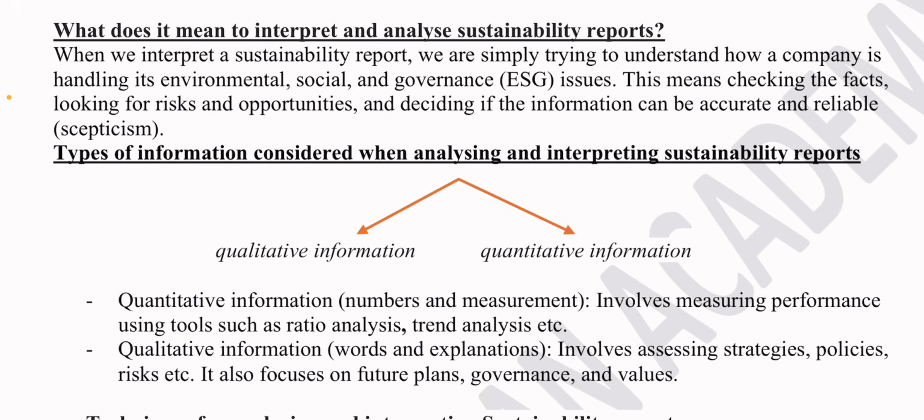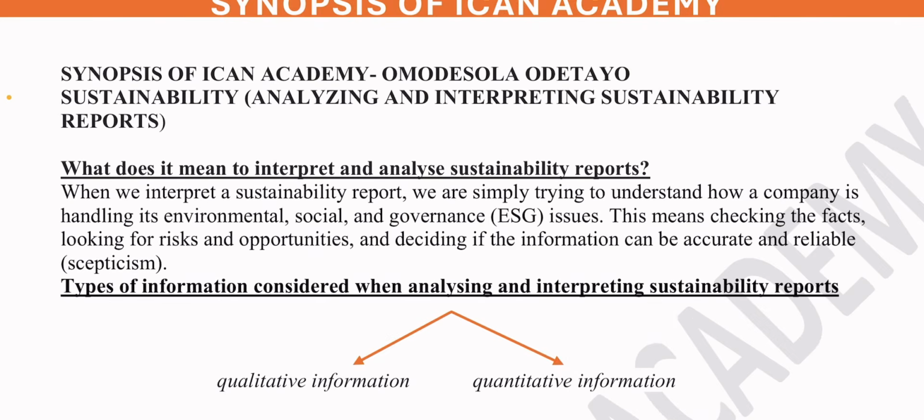So now, when we interpret the sustainability report, we are simply trying to understand how a company is handling its environmental, social, and governance issues. This means checking the facts, looking for risks and opportunities, and deciding if the information is accurate or reliable or unreliable. So just like I said, when they say interpret a sustainability report, what they're basically saying is that you should look at the environmental, social, and governance issues of a company.